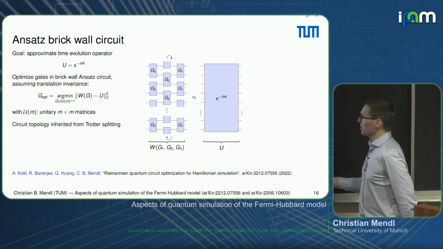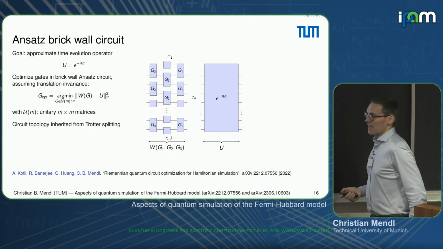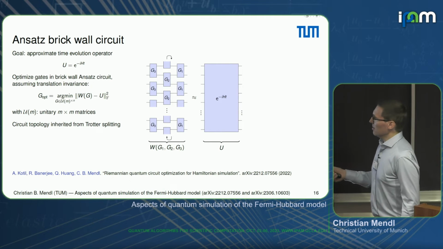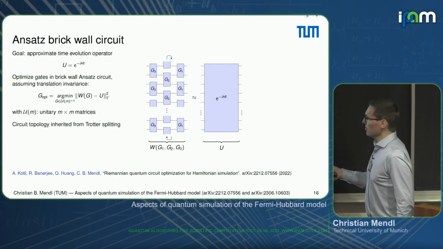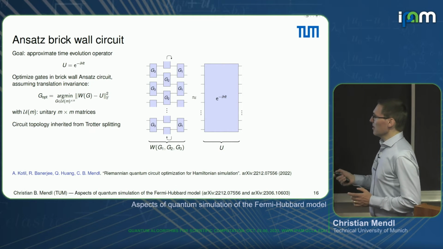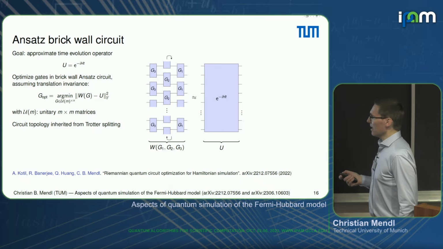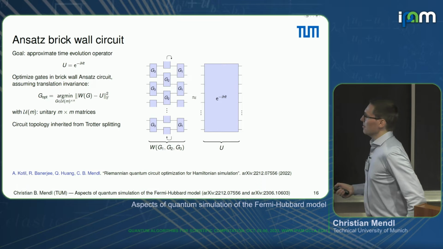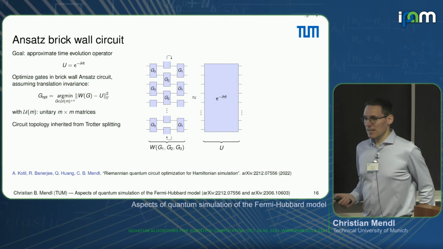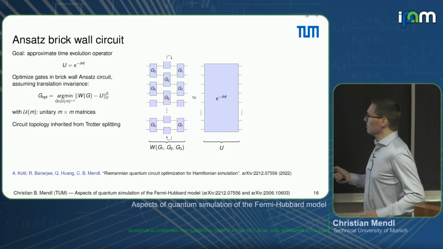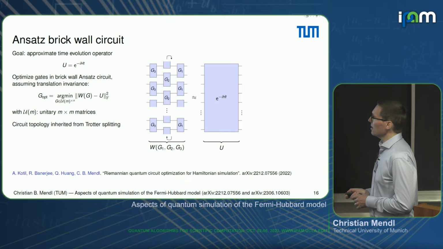The topology of this circuit would typically be given by some Trotter scheme, say an even-odd splitting, for example. So we know which gates there are, but what we still allow is optimizing the entries of these gates. This is the task, and we do this on a classical computer. So the idea is to classically optimize these G's to achieve a good approximation error.